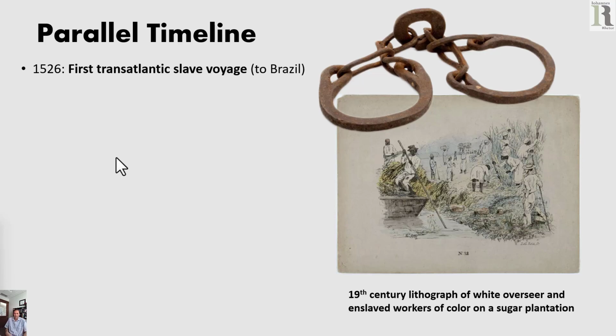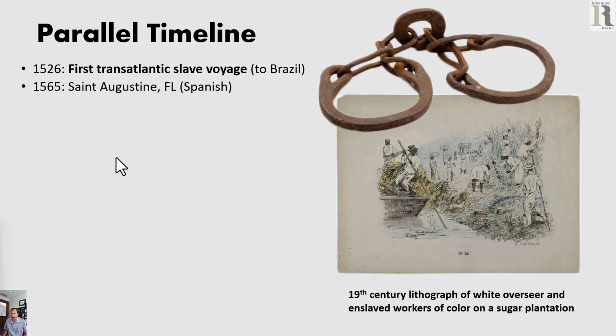In 1526, of course, was the first transatlantic slave voyage from Africa to Brazil, when Europeans decided that Africans would make more reliable and sturdy workers than the indigenous people, who seemed to be dying from the European diseases to which they had not been exposed, diseases that had developed in Europe and not in the Americas, and so they didn't have the resistances that people in Africa and Eurasia had.